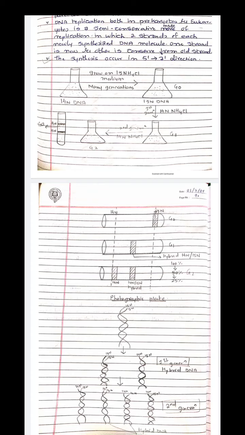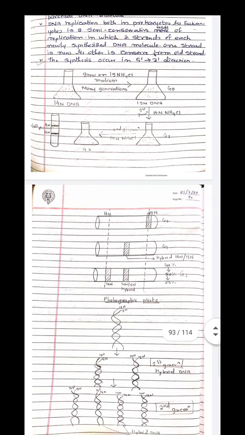So in this experiment, they proved that this replication is of the semi-conservative type. After replication, DNA forms one old strand and one new strand.